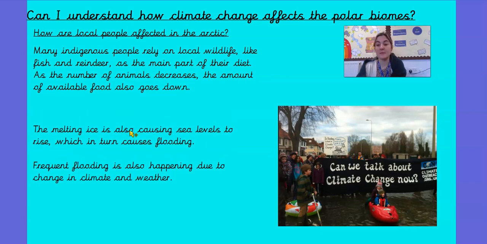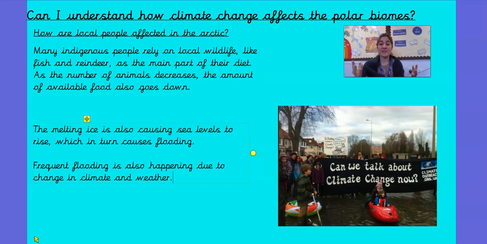And this is particularly problematic if you live near the sea, because it means that your home is more likely to flood. And warmer air is able to hold more water vapour. So this means that if there's a storm, or if it's particularly rainy somewhere, the amount of rain is likely to increase because the air is warmer, there's more water vapour there.